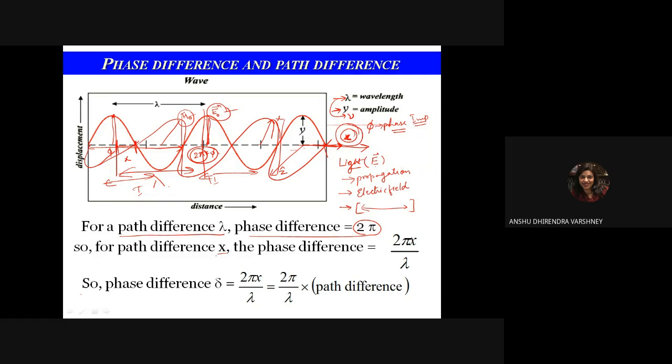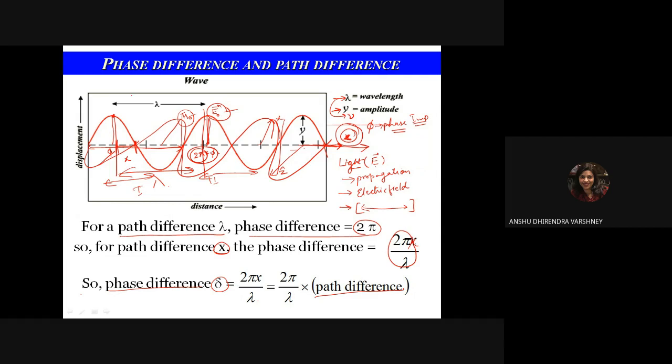If the path difference is x, the phase difference is 2 pi by lambda into x. So the phase difference delta equals 2 pi by lambda into the path difference, and this path difference is anything from 0 to lambda.